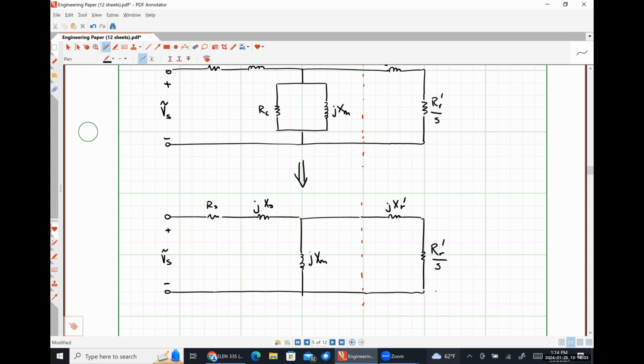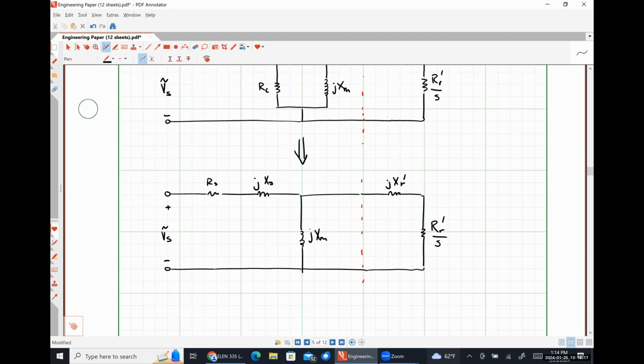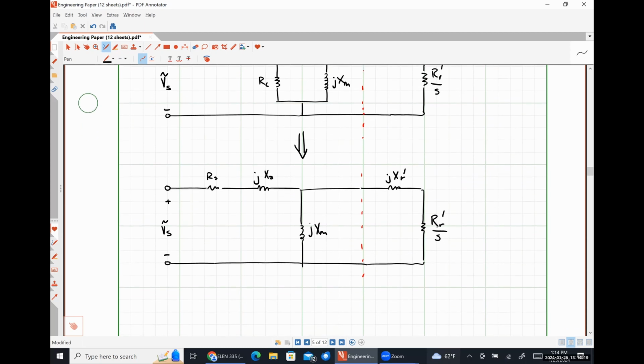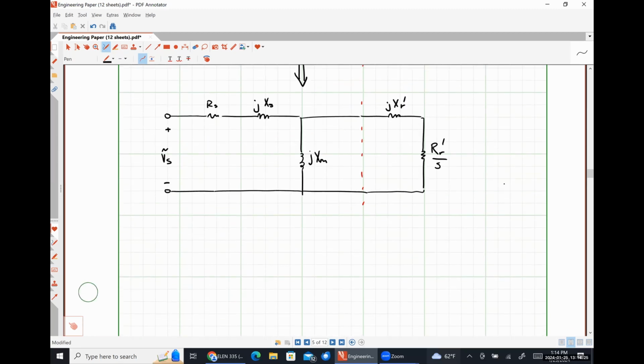Now, you may be thinking to yourself, well, if I throw away that RC, how do I take into account the core losses? Because if that resistor isn't there, we have no way to keep track of it. So typically speaking, the core losses get lumped in together with the friction and windage losses and the stray losses, and we call that rotational losses, right?